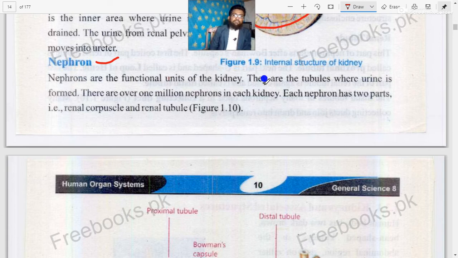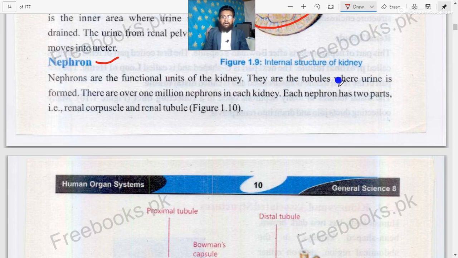It is the smallest part of our kidney which functions completely. The collective function of all nephrons, all these smaller units, becomes the function of the kidney.